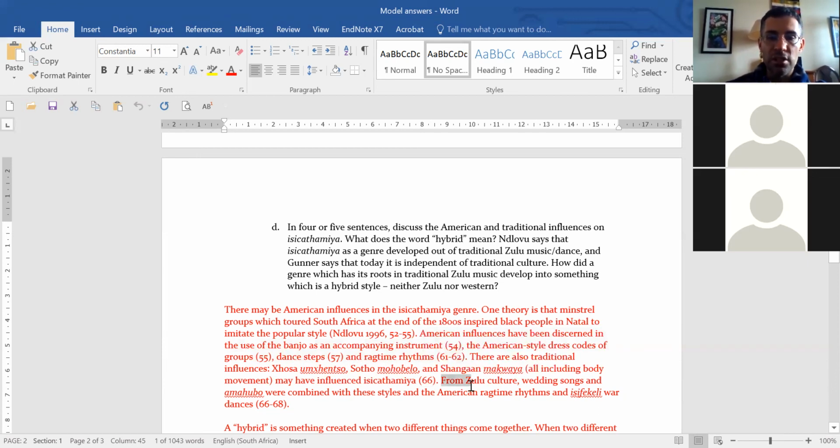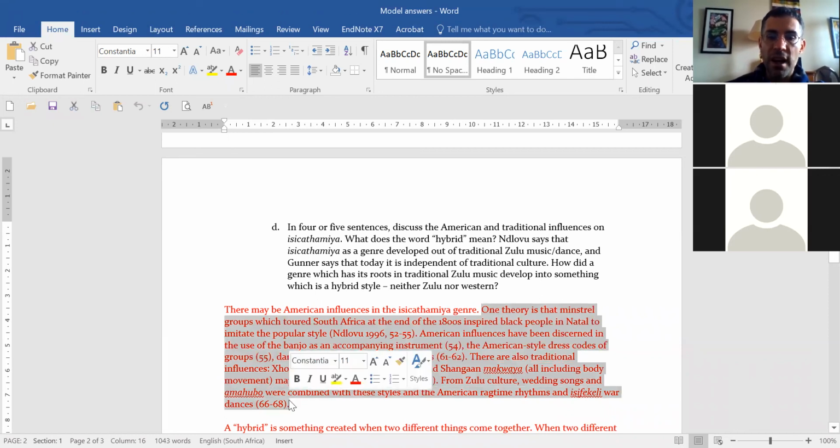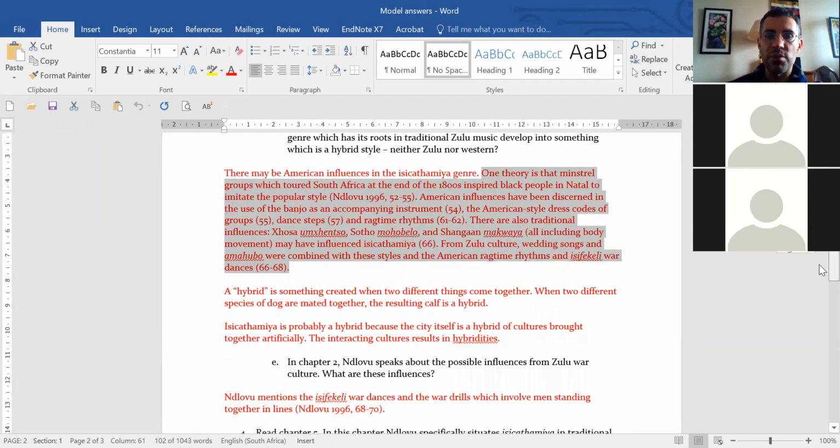And from Zulu culture, wedding songs, amahubo, and so on, and the war dances, that was from page 66 to 68. I've told the reader exactly where I got that information, all the way through from here, all the way to the end of that paragraph. I've demonstrated exactly where each of the pieces of information comes from.